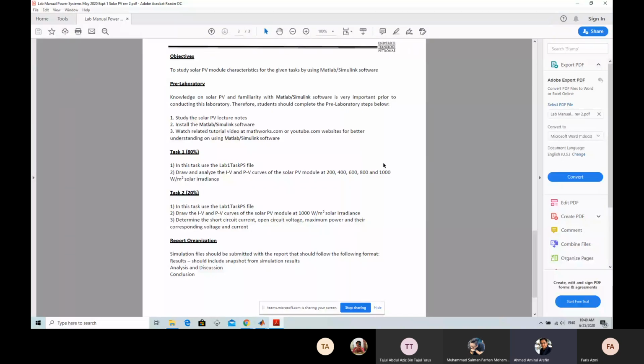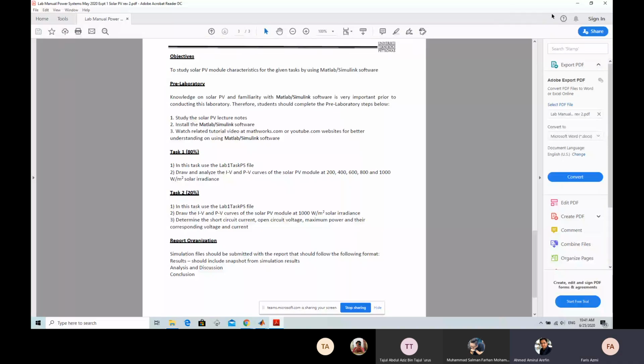So once you have some new solar PV, first you have to do these characteristics to show that yes, it is going the right way. Otherwise you can't use this solar PV. Okay, so this is all about the lab tasks. We also have a rubric part, so we have to do the tasks individually. Do you have any questions before going to the rubric part?